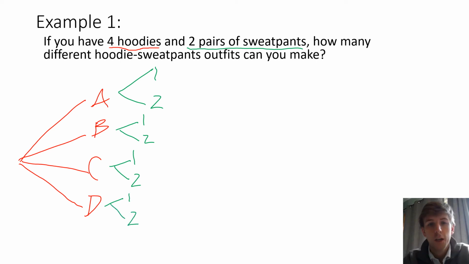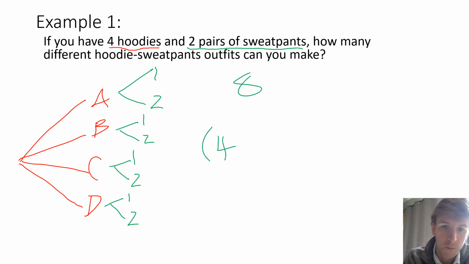Notice if we count up all of those options down here at the end, we get 1, 2, 3, 4, 5, 6, 7, 8. So there's 8 possible outfits. You could have also gotten that by using the multiplication principle. The first event can be performed in 4 ways, wearing one of your 4 hoodies.